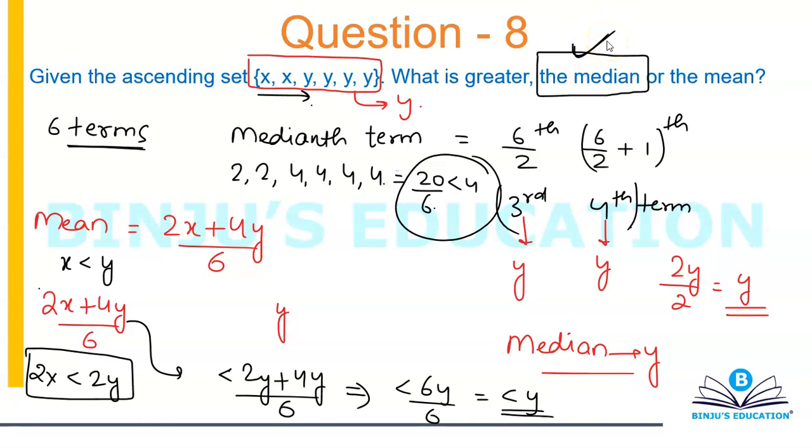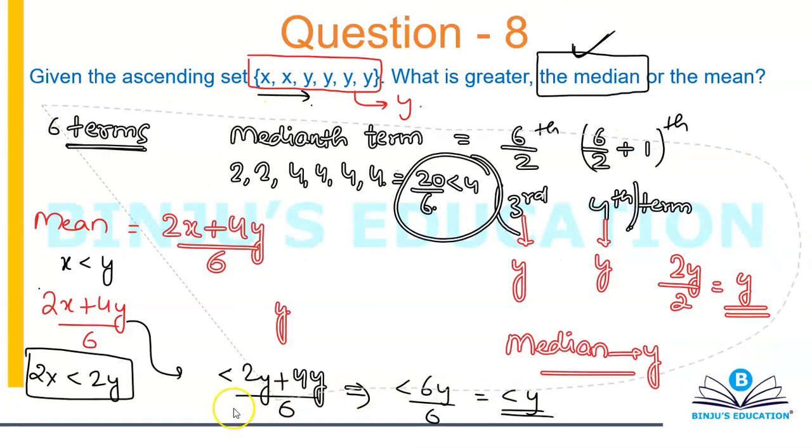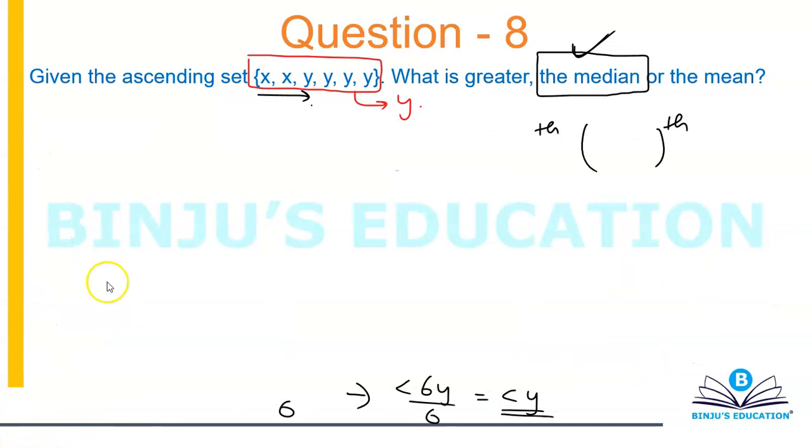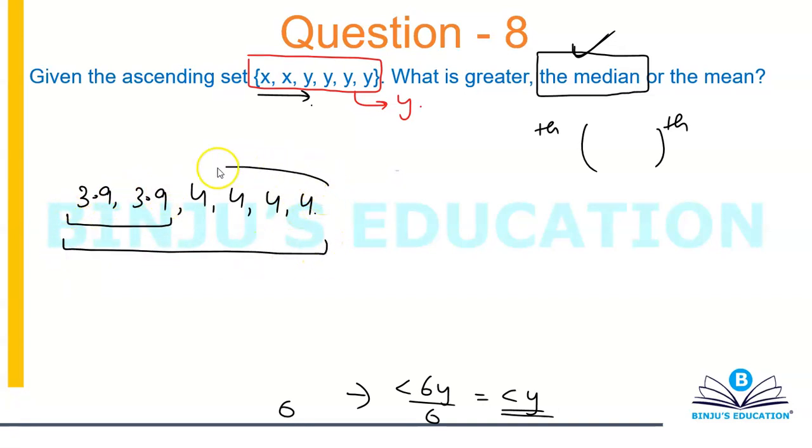You just have to think, that's it. Let's say I give you one more example, maybe that will help you more. Let's say I give you 4 numbers as 4, 4, 4, 4, and two numbers as 3.9 and 3.9. Adding these two numbers to these four numbers will also take your mean less than 4.